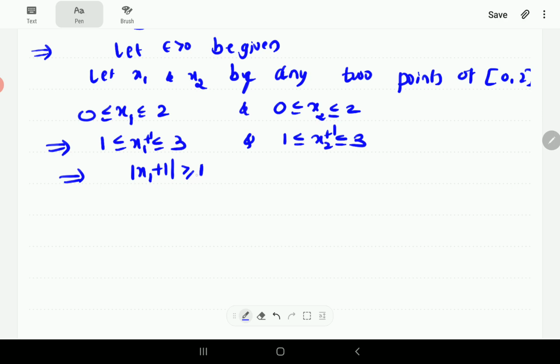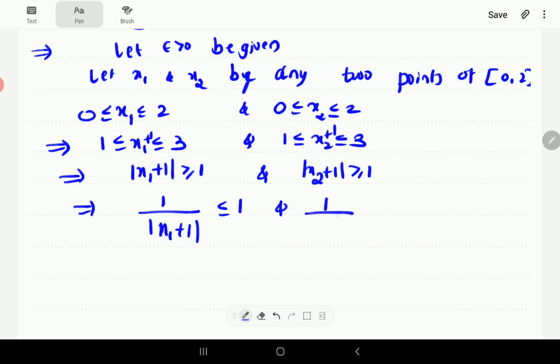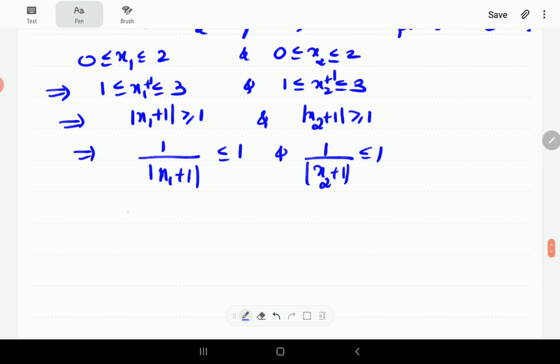Similarly, x2 plus 1 is also greater than or equal to 1. So this implies 1 over x1 plus 1 is less than or equal to 1. The inequality reverses when you take the reciprocal, and here also 1 divided by x2 plus 1 is less than or equal to 1.